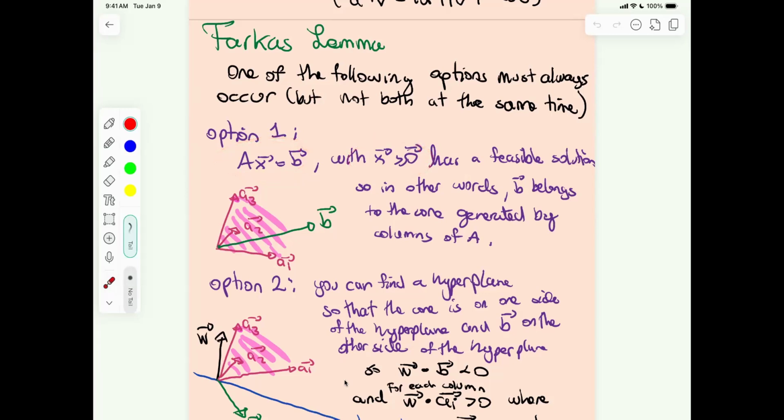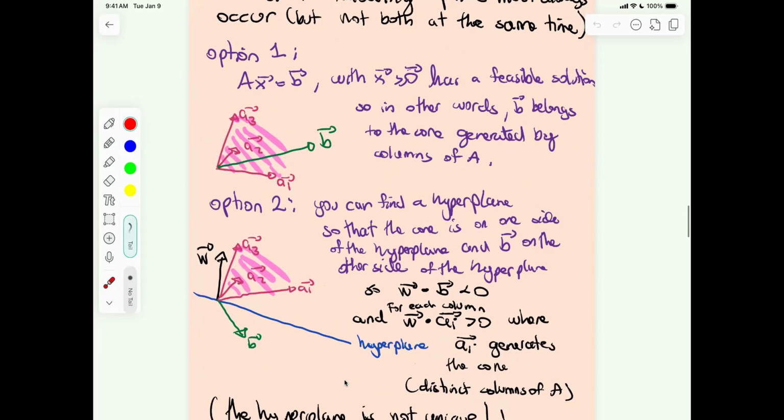Either this happens, which geometrically you could interpret as saying that the vector b is a combination of the columns of the matrix A, so it is in the cone generated by the columns. Or, if that doesn't happen, you can separate the vector b from the cone by a hyperplane.